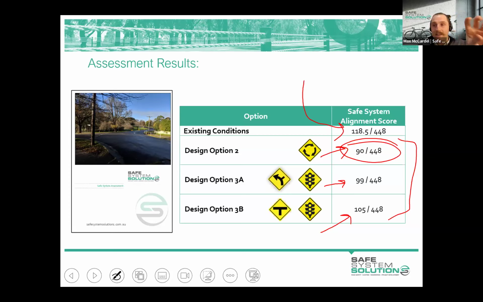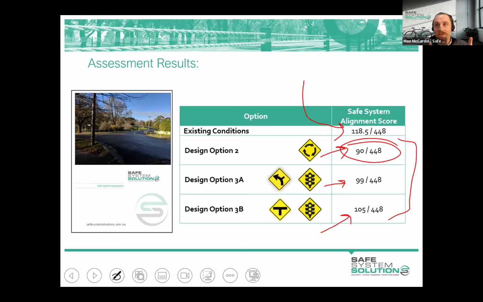If we handed this exact site to someone else that were equally as qualified within the safe system assessment process and had the same level of experience, it's likely that we would have variance in our scores. And that's okay, as long as they're within certain tolerance, but it's likely that there would be changes in those scoring. So to be able to provide a cutoff to say that this is the score that we consider is very well aligned, it may be difficult to draw that line.